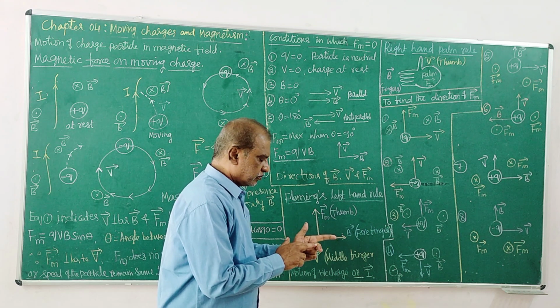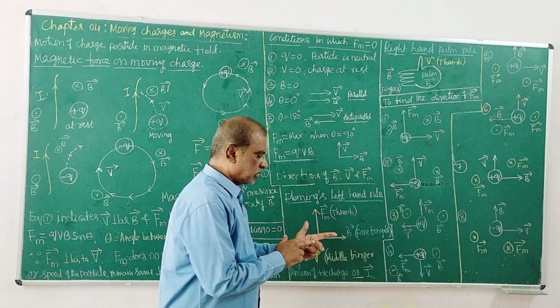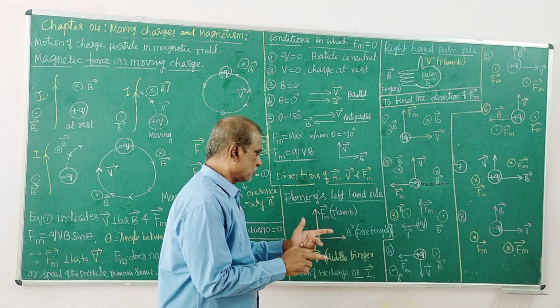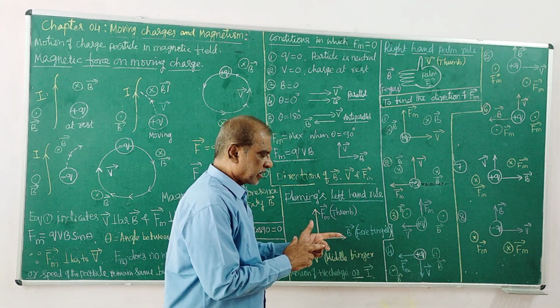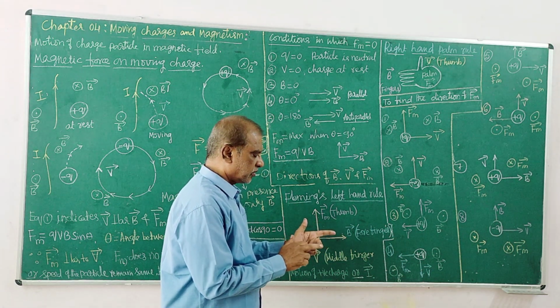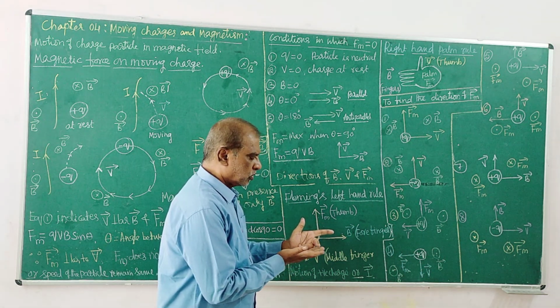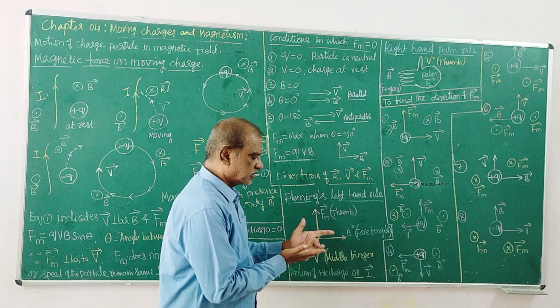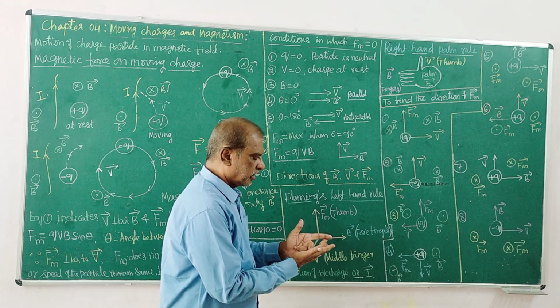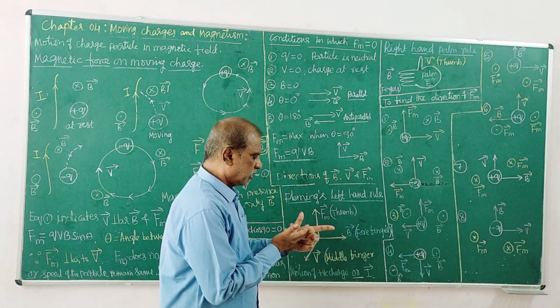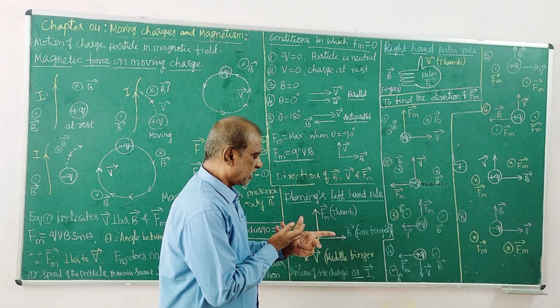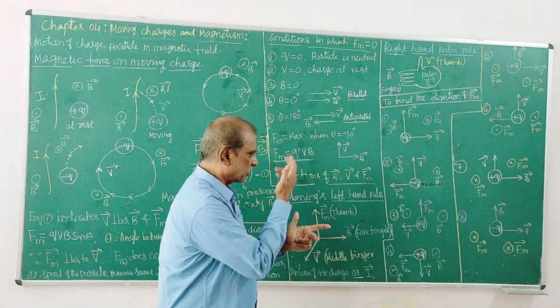Both are the same. So this finger indicates the velocity vector, this indicates the magnetic field vector, and this indicates the force which acts on the charge, in this direction.